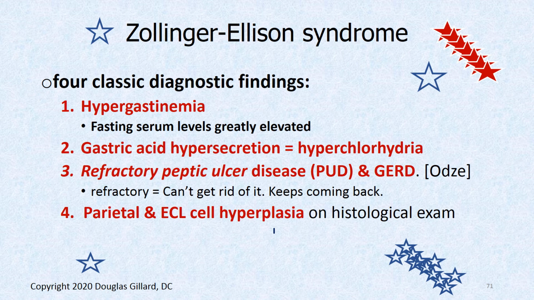They are refractory to the regular treatment for PUD, and it keeps coming back. Usually you let an ulcer heal and it's done, and the patient knows not to do the things that cause it, like drink alcohol, but it keeps coming back for no reason. And then on histological evaluation, the parietal cells and the ECL cells are really, really big.